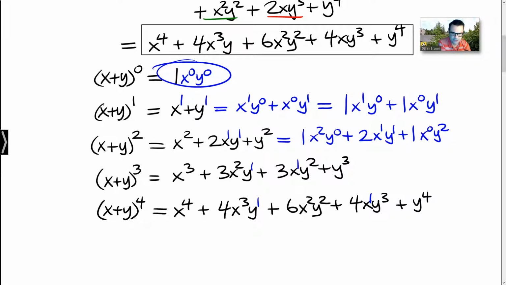And the same thing here, I could put 1, x cubed, y to the 0, plus 1, x to the 0, y cubed, and 1, x to the fourth, y to the 0, and so on, plus 1, x to the 0, y to the fourth. Okay, let me clean this up just a bit.